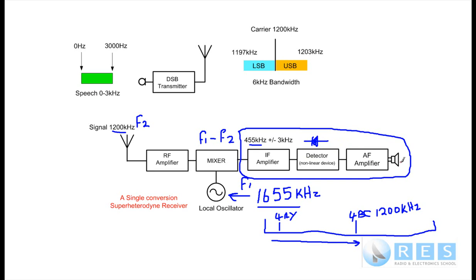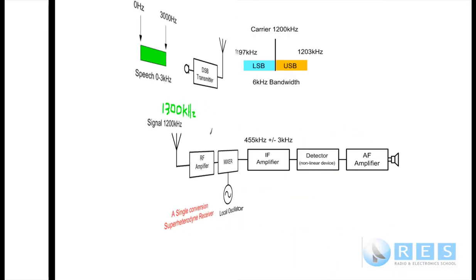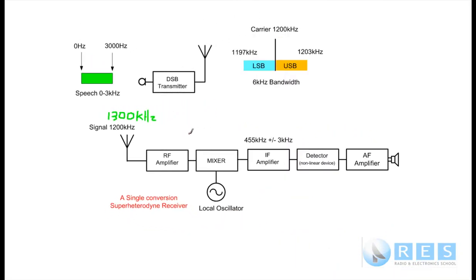If, for example, we wanted to receive 1300 kilohertz, what would we do? Suppose we didn't want to receive 1200 kilohertz, we wanted to receive 1300 kilohertz.